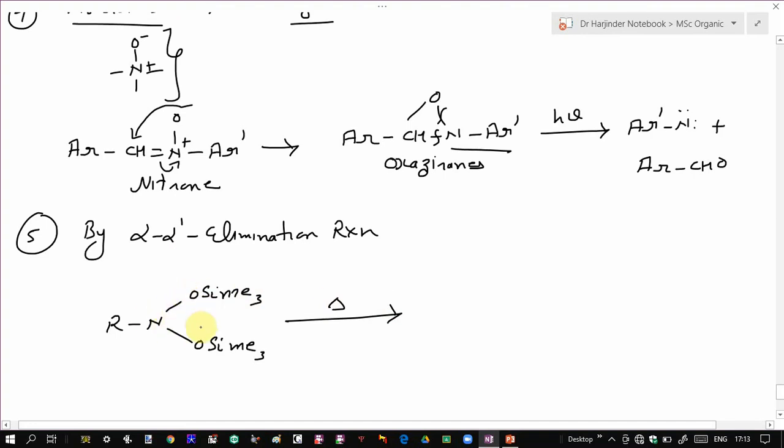Both of these groups leave, one with the bond pair of electrons and the other without the bond pair of electrons, to give rise to a corresponding nitrene. So these are the few methods by which these nitrenes can be prepared. In the next video lecture we will discuss the reactions of these nitrenes.